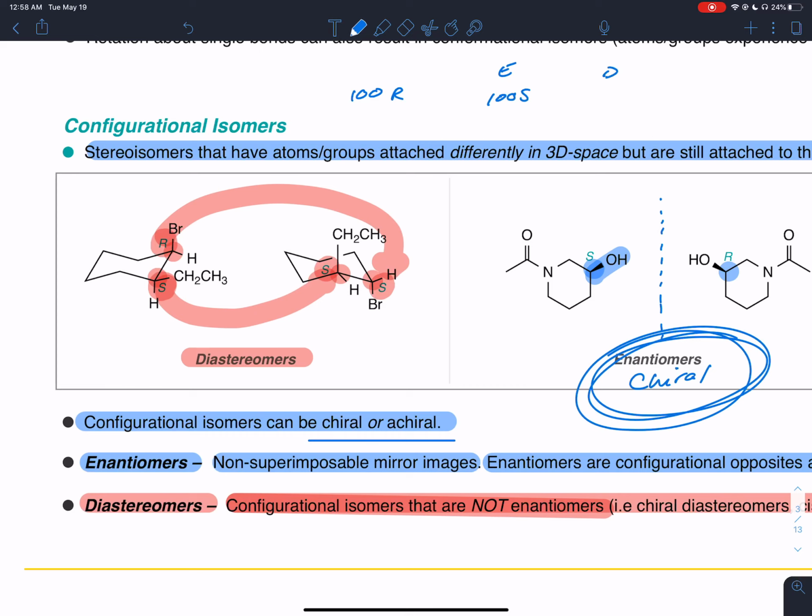Now, we have other types of diastereomers that are achiral, and this includes compounds that are cis-trans isomers and also E/Z stereoisomers, like this compound and this compound here. They are technically considered diastereomers. Here you have the E isomer, here you have the Z isomer. These are diastereomers, okay? These two compounds are cis-trans isomers. Here we have the cis isomer, here we have the trans isomer.